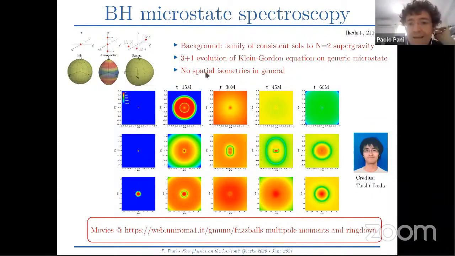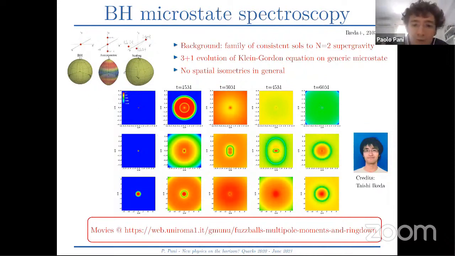So this is a test scalar field propagating on this geometry. Now, this geometry is very complicated, and in fact, it can be arbitrarily deformed relative to the black hole case, and I will discuss this in a moment.